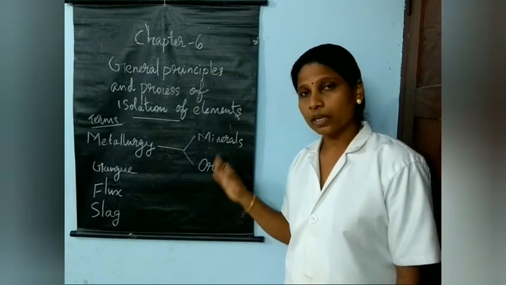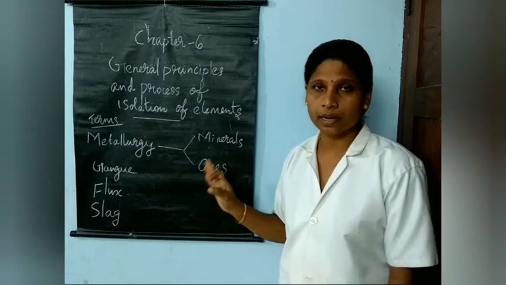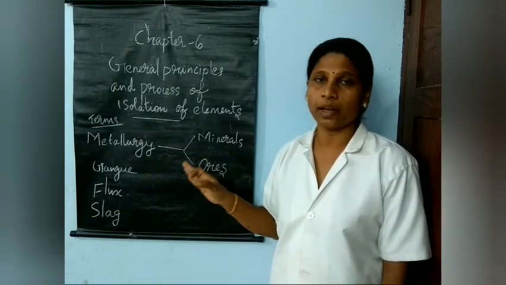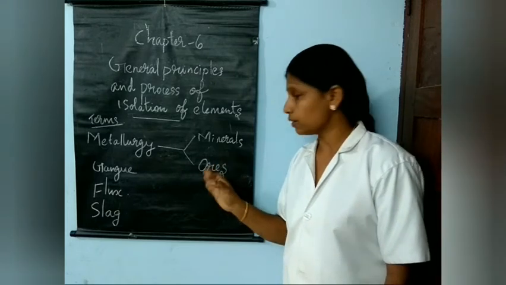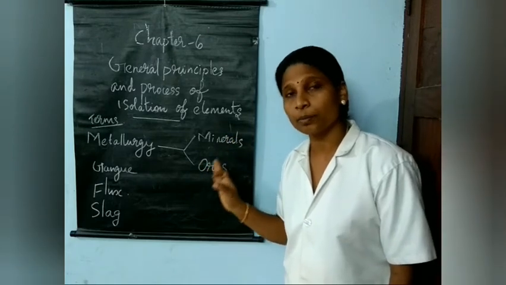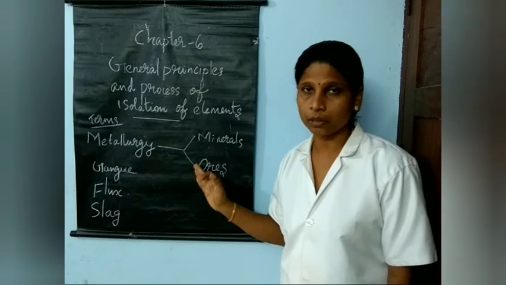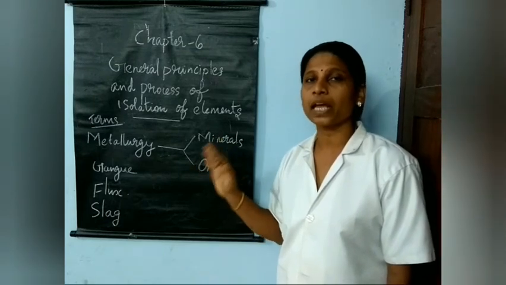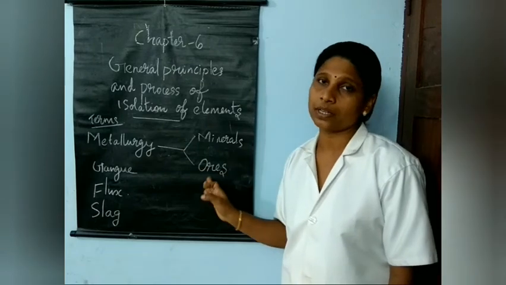So, ores are also minerals. The term ore is related to the economy of production and how easily or comfortably we can extract the element from a particular mineral. That mineral is known as ore.